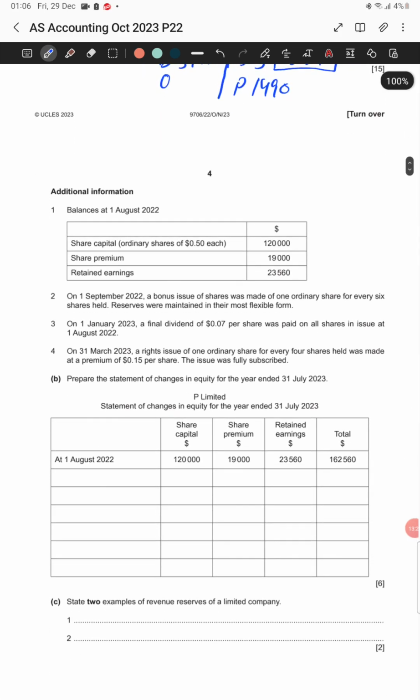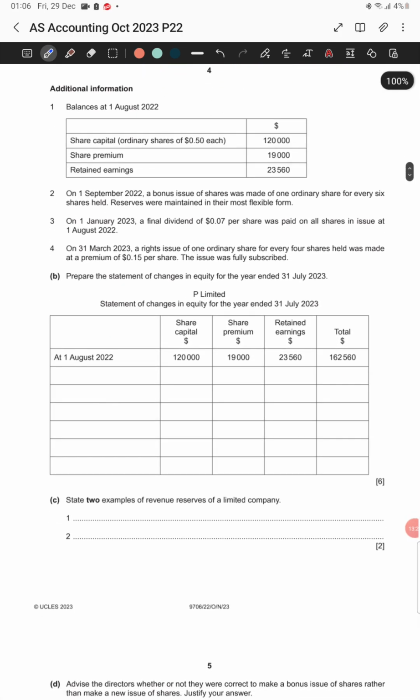The next part is share capital, share premium, retained earning. On 1st September, a bonus issue of shares was made of 1 ordinary share for every 4 shares held. So its working will be: already shares are 120,000 divided by 0.50, already 240,000 shares.